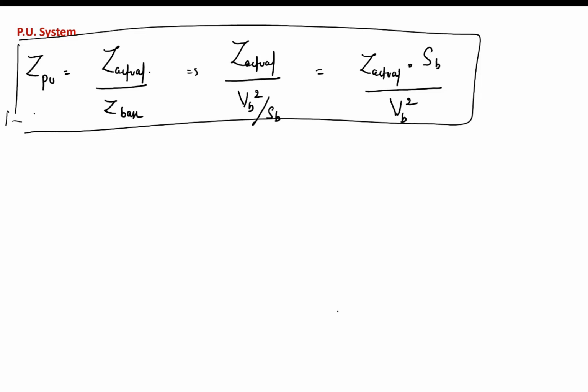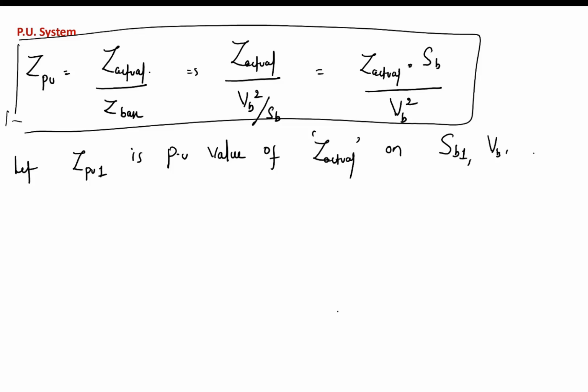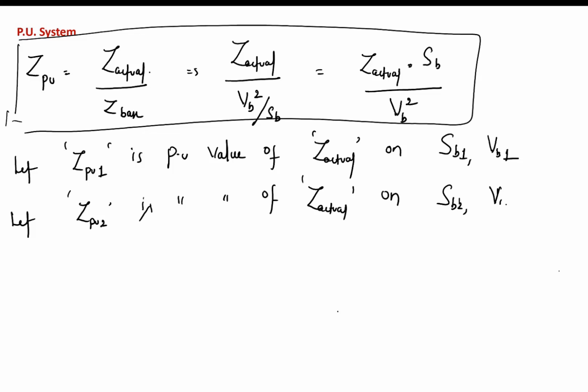The third thing is, let Z per unit 1 be the per unit value of Z actual on a base of SB1, VB1. Z per unit 1 is the per unit value of the Z actual. Let Z per unit 2 be the per unit value of the same impedance, that is Z actual, on different base values, say SB2, VB2.